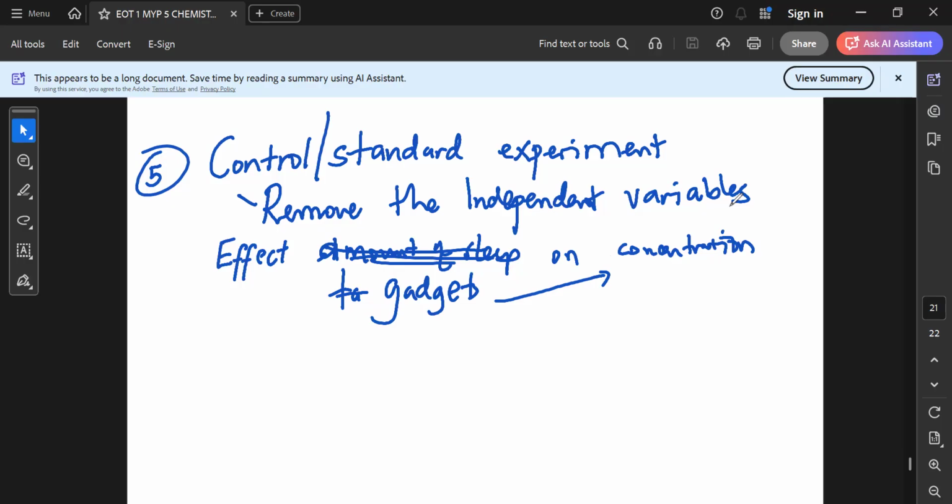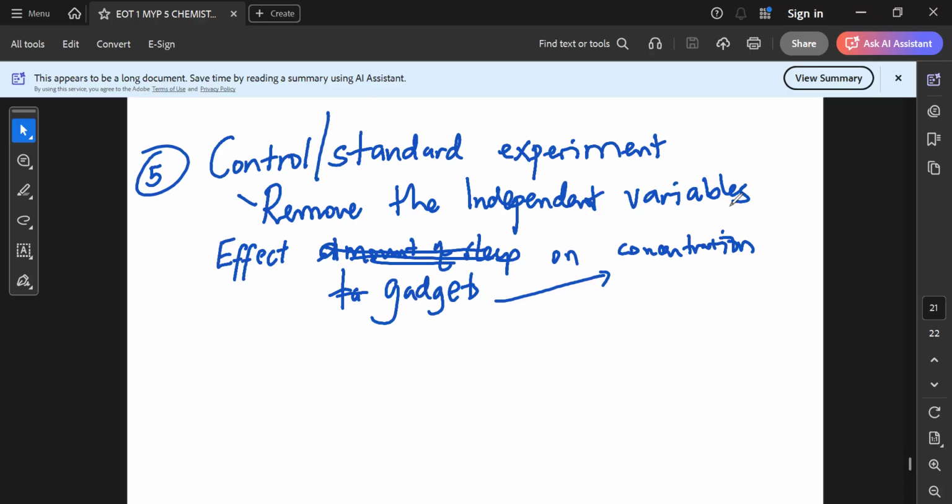You keep all other factors the same like you were doing. But this time around, don't give them a gadget. Maybe give them a board game. Or you can replace it or remove it. You can use something else, but removing is the best one. Give them no gadgets and see whether that will still affect their concentration.